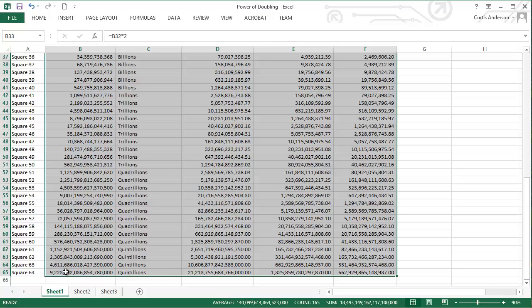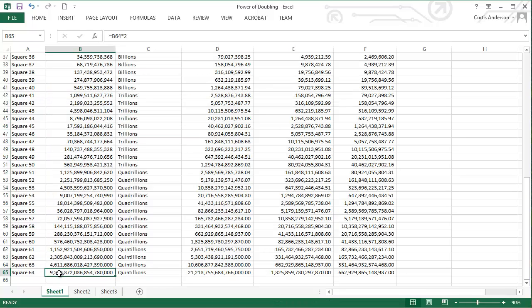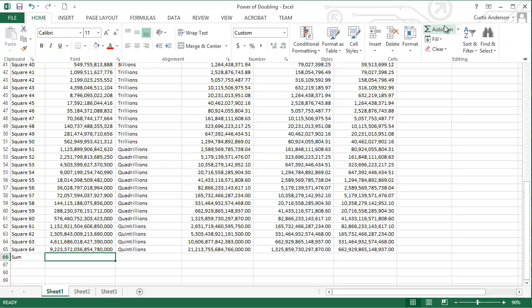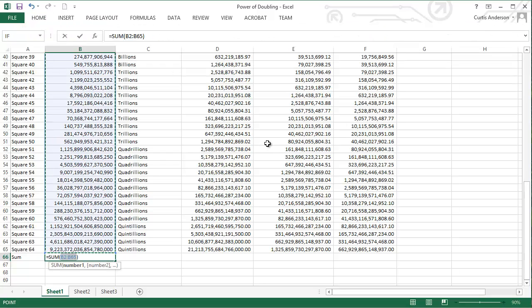And again, keep in mind, this is just how much rice has to go on the last square. Okay, so if we work this out here, we just take the sum of this.